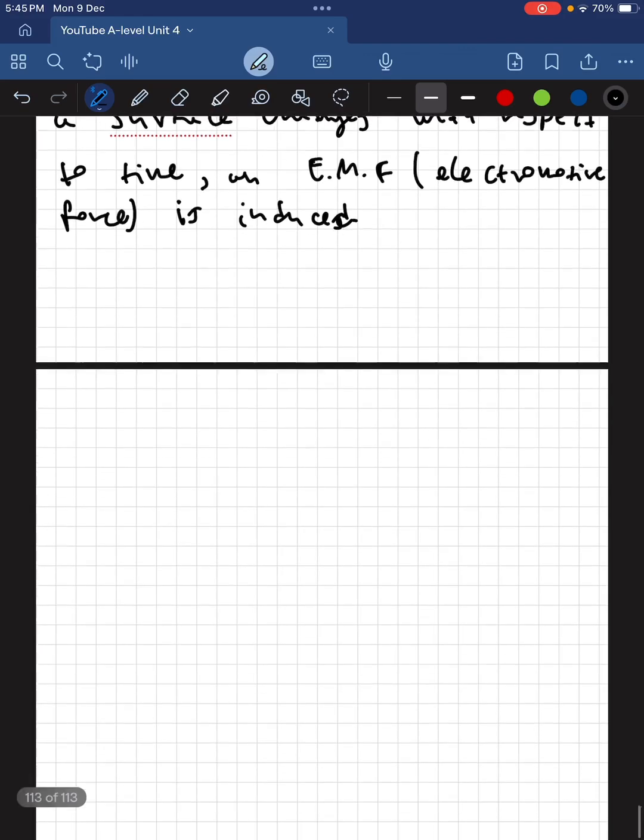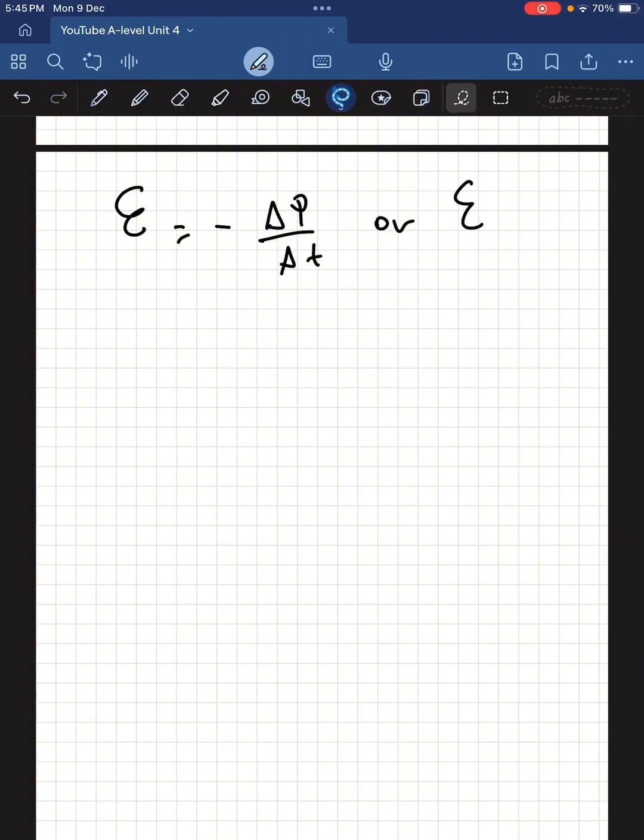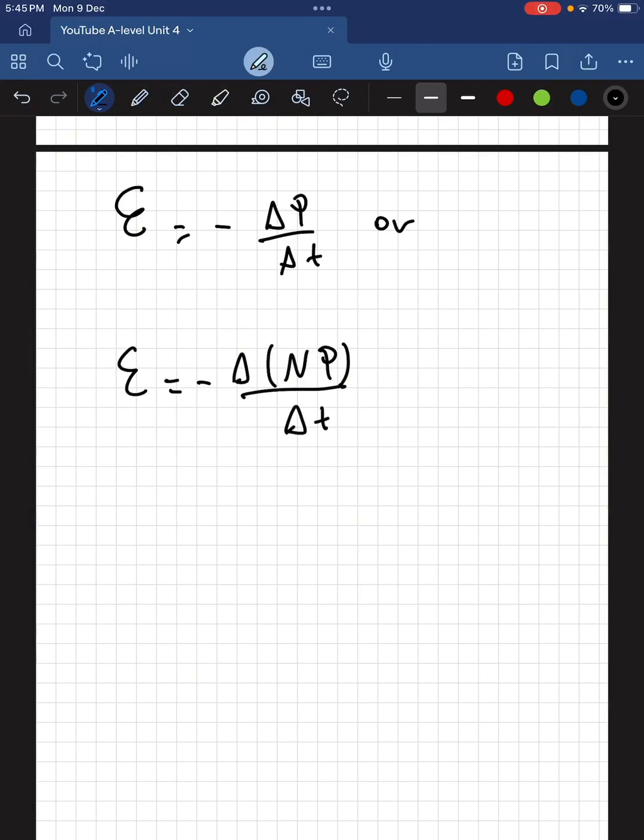The electromotive force is denoted with the capital Greek letter epsilon, and it's equal to minus delta phi over delta t, or epsilon is minus N delta phi over delta t for a coil with N turns.